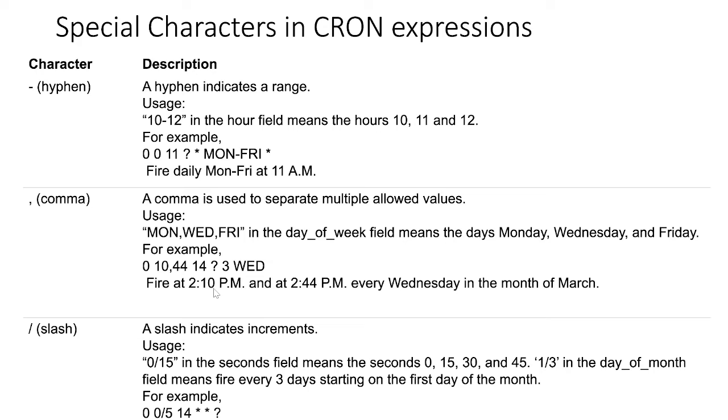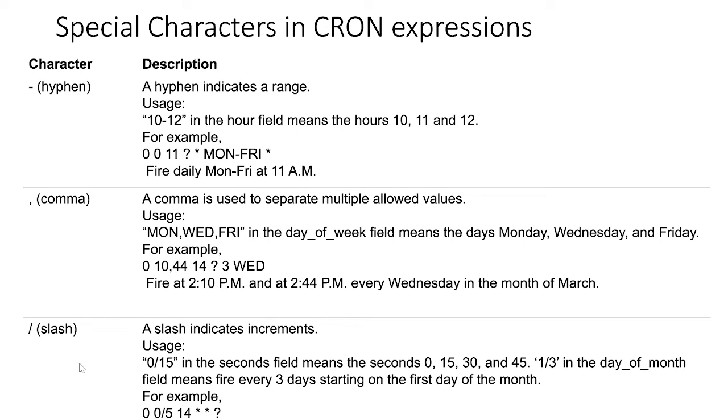Fire at 2:10 p.m. and at 2:44 p.m. every Wednesday in the month of March. Okay, so you can see I have two values here. One is at 2:10 p.m., which is the 10th minute, and we have 44, which is the 44th minute, right? 2:10 and 2:44. Okay, so I have to specify multiple values, so I'm using a comma here. Alright, next is slash.